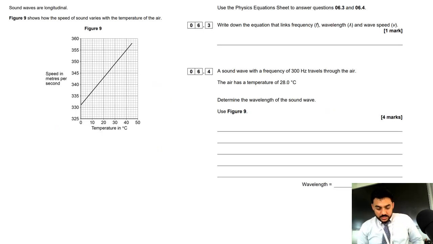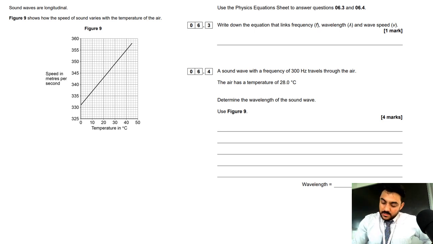Sound waves are longitudinal, it says. Figure 9 shows the speed of sound varies with the temperature of the air. So if the temperature of the air is increased, the speed of the sound also increases, it seems, because it shows a graph going up like that. Use the physics equation sheet to answer the questions 6.3 and 6.4. Write down the equation that links frequency, wavelength, and speed.